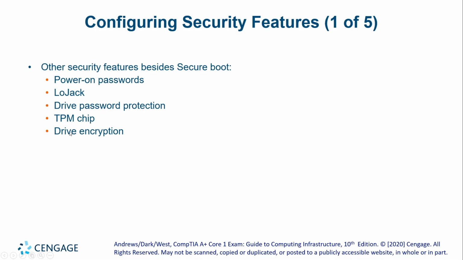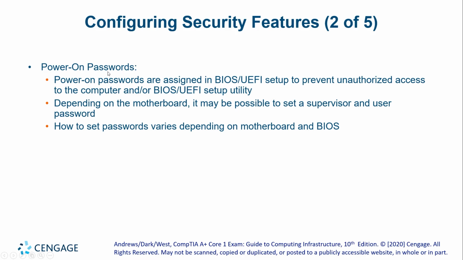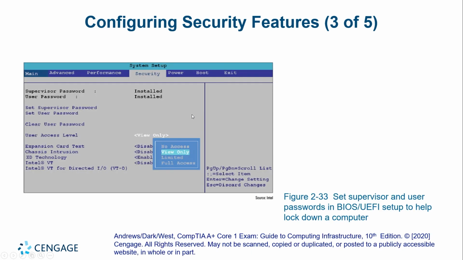Drive encryption, you can set up drive encryption here. All these different security features are available in the BIOS UEFI. Power on passwords prevent unauthorized access even to booting up. It won't even boot the operating system up if you don't have that password.